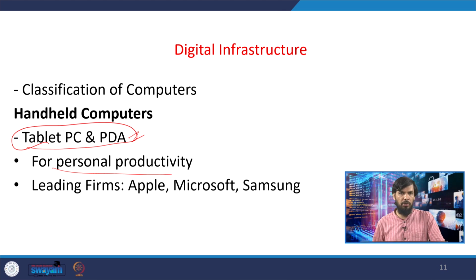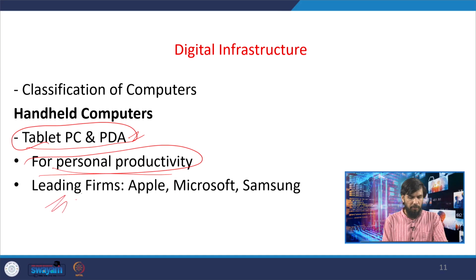While traveling, we want to have the benefit of the portability of these devices. While traveling, on the go, we would also like to go through some ebooks and other content, or watch audio and video, right. So for personal productivity, tablet, PC, and PDA provide the portability.